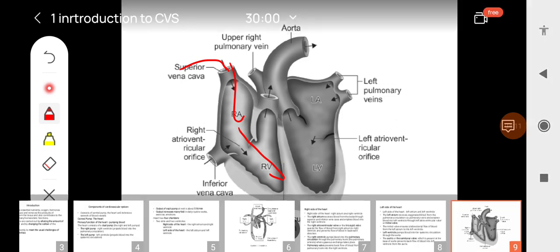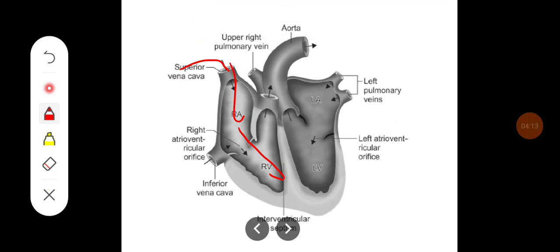Then from the right ventricle it is going to go to the pulmonary artery, where the pulmonary valve is going to prevent the blood from entering back into the right ventricle from the pulmonary artery, whereas the left atrium receives blood from the left pulmonary veins and the blood enters into the left ventricle through the mitral valve. Then the blood is going to enter into the aorta through another semilunar valve, that is the aortic valve.